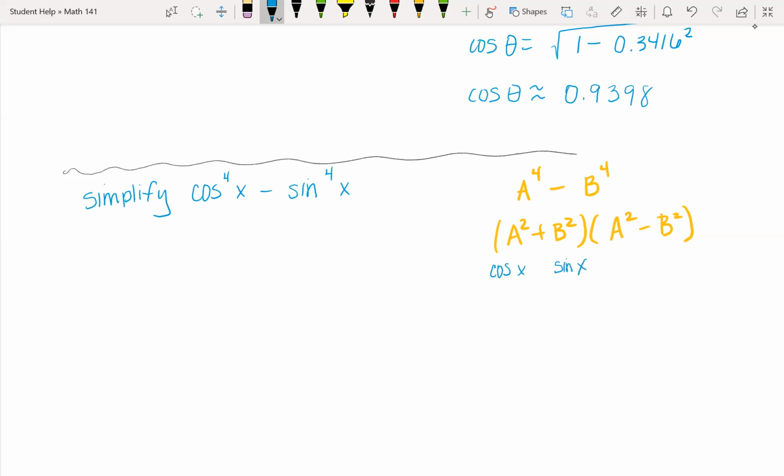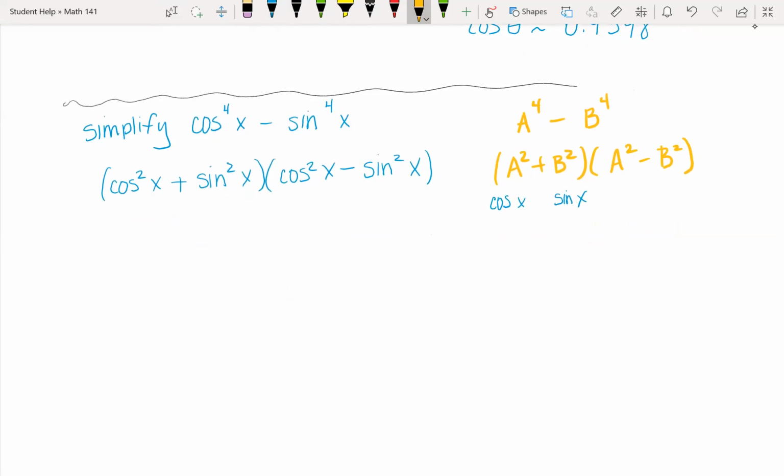So splitting this up, I have cosine squared x plus sine squared x, and then I have cosine squared x minus sine squared x.